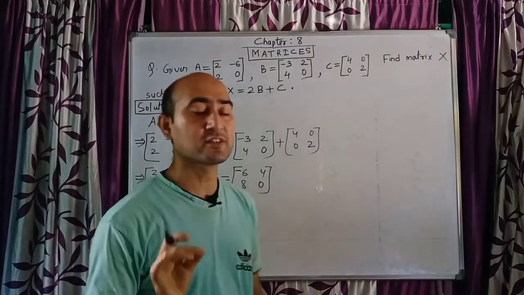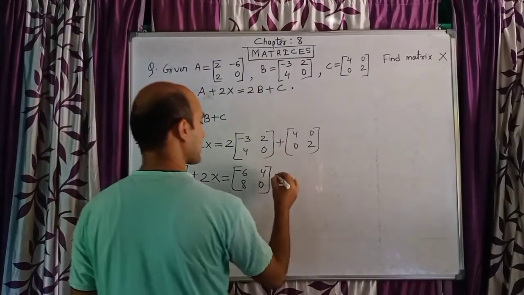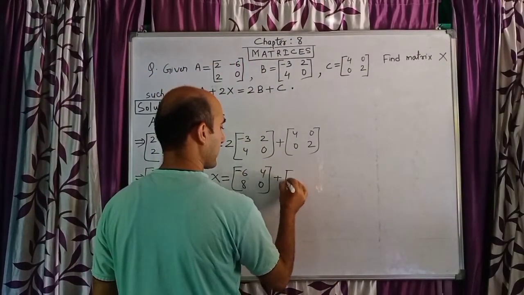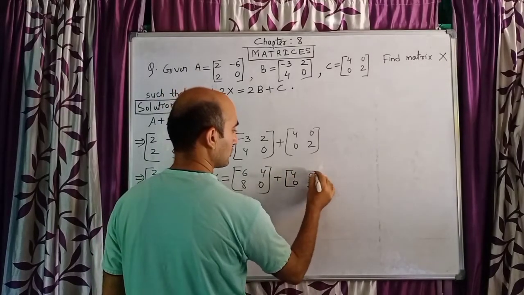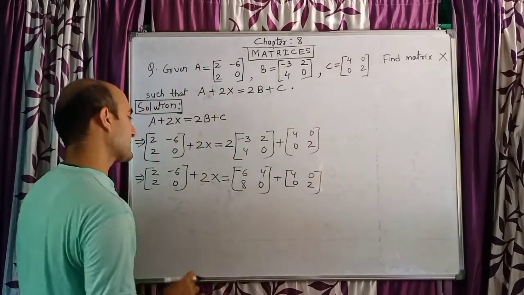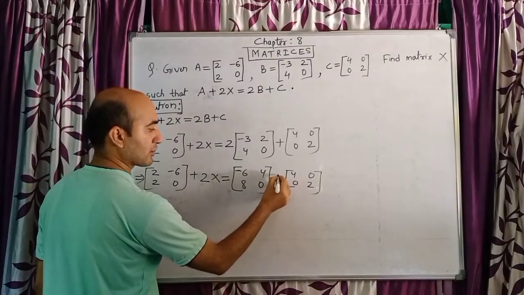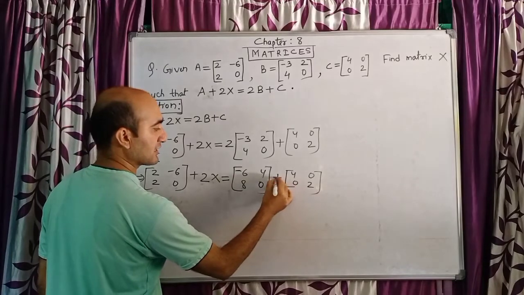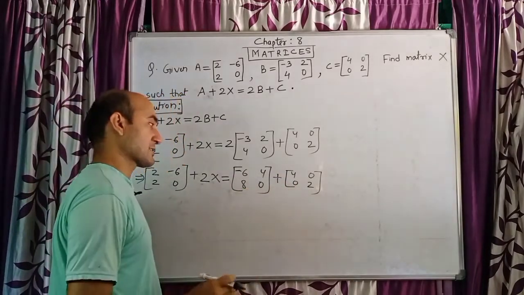Any number multiplied with 0 is 0. The rest I will write the same, that is plus 4, 0, 0, 2. Now you can see these two matrices can be added because there is addition here. So I will add these two matrices.